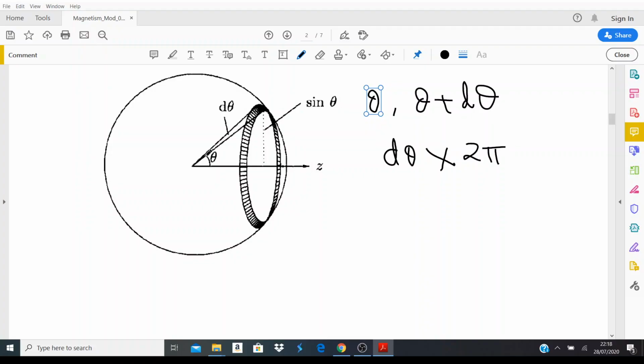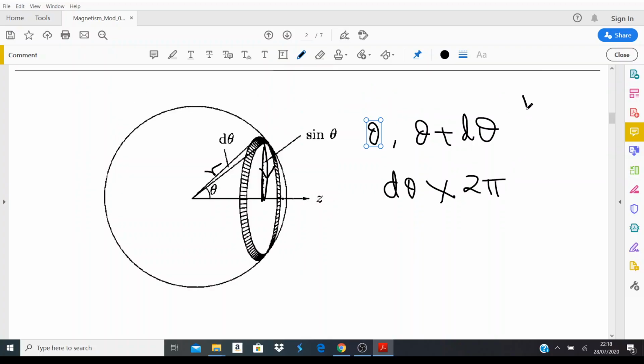If this is r, the radius of the sphere, then this bit is r sine theta. But r is 1, so we are assuming a sphere of radius 1. Then r sine theta is nothing but sine theta. So that gives the area of this annulus.